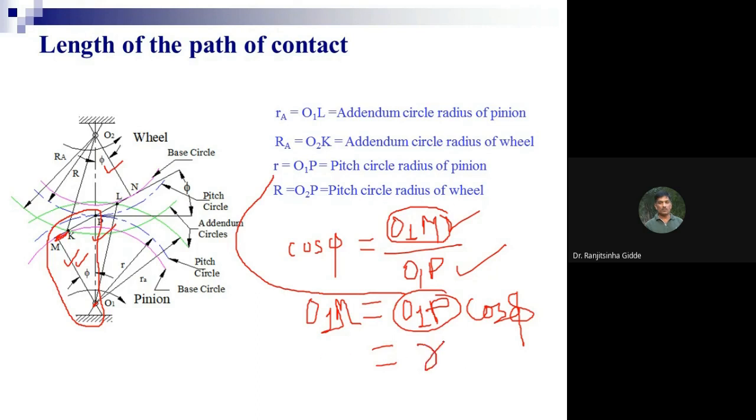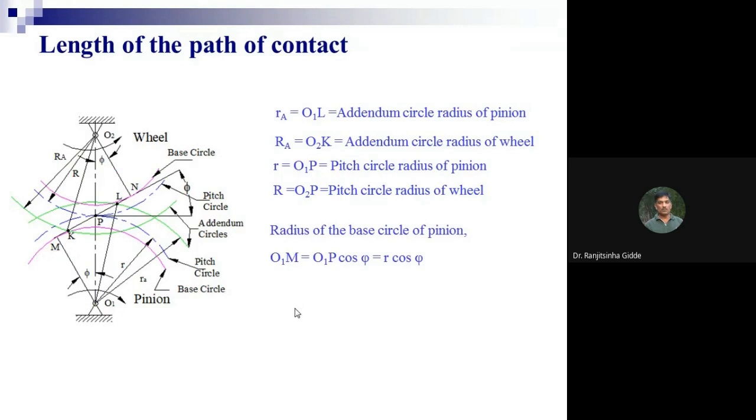So we can write r cos phi. Understood? Radius of base circle. Before the last lecture, I gave the definition of base circle, so base circle radius is equal to r cos phi, and we are getting the same value.